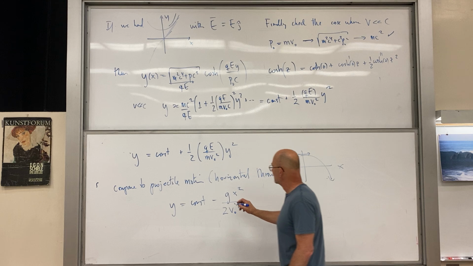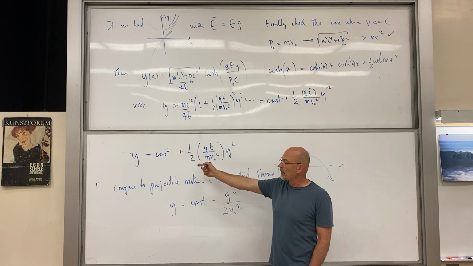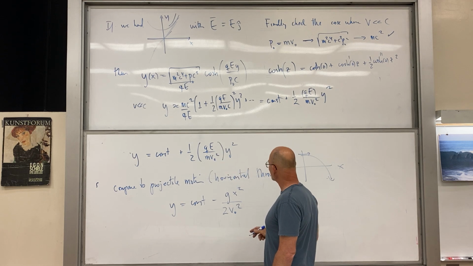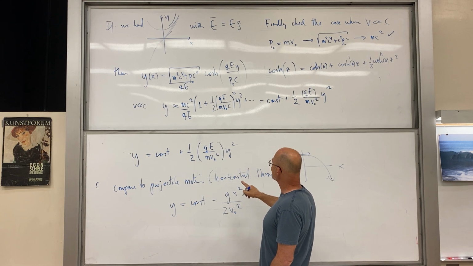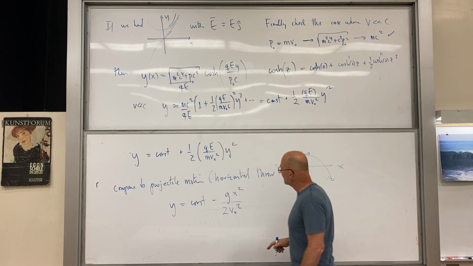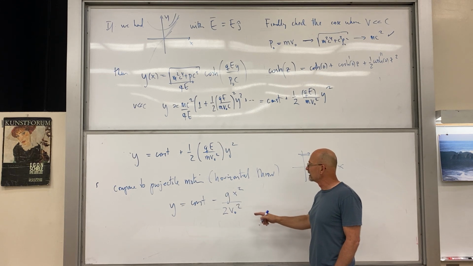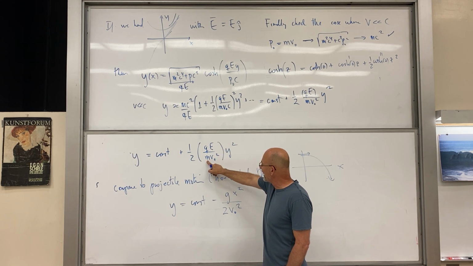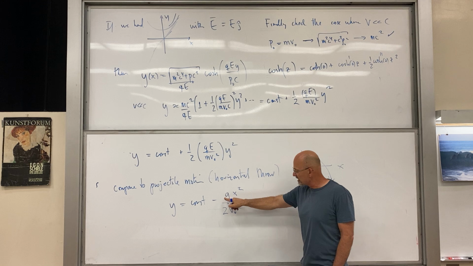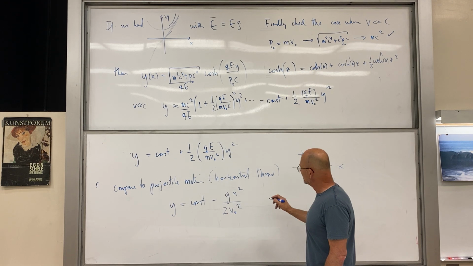We don't have a minus sign here, but we could just by reversing the direction of the E field, so that's no big deal. q E over m, that would be F over m, which would be g. q E is the force, the mass's acceleration is g. So yeah, we're good.